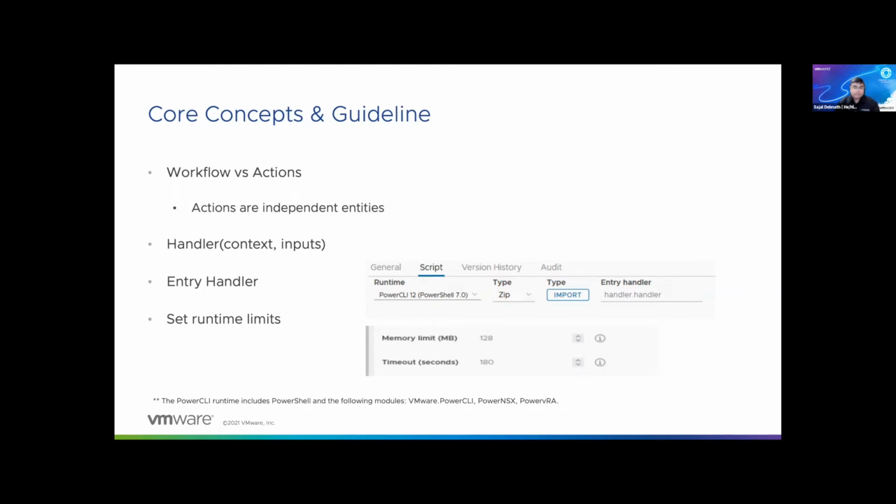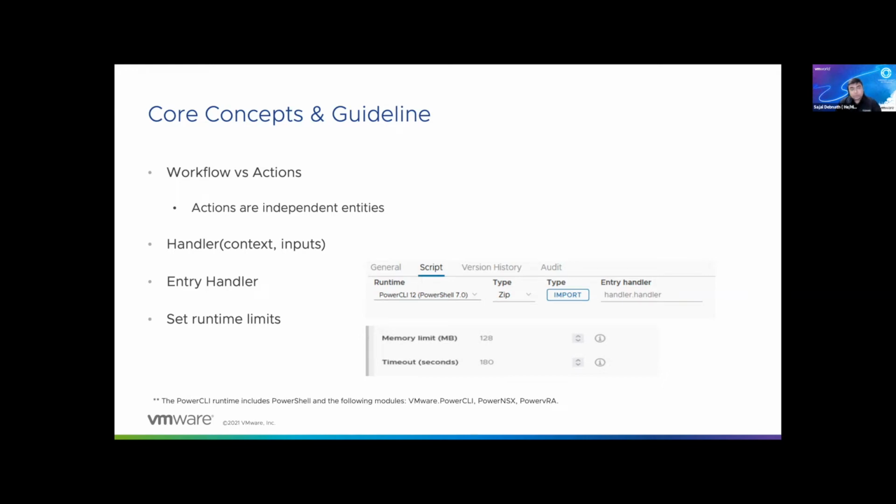Whereas if I write modular scripts for actions, they act like small functions for me. So if I want to change something, I can easily change that, and I can reuse that function in any other workflows. So that becomes much easier. So if you're writing something pretty quick, pretty small, write it directly in the workflow. Otherwise, write a separate action for that particular task so that you can reuse it or maintain its life cycle.